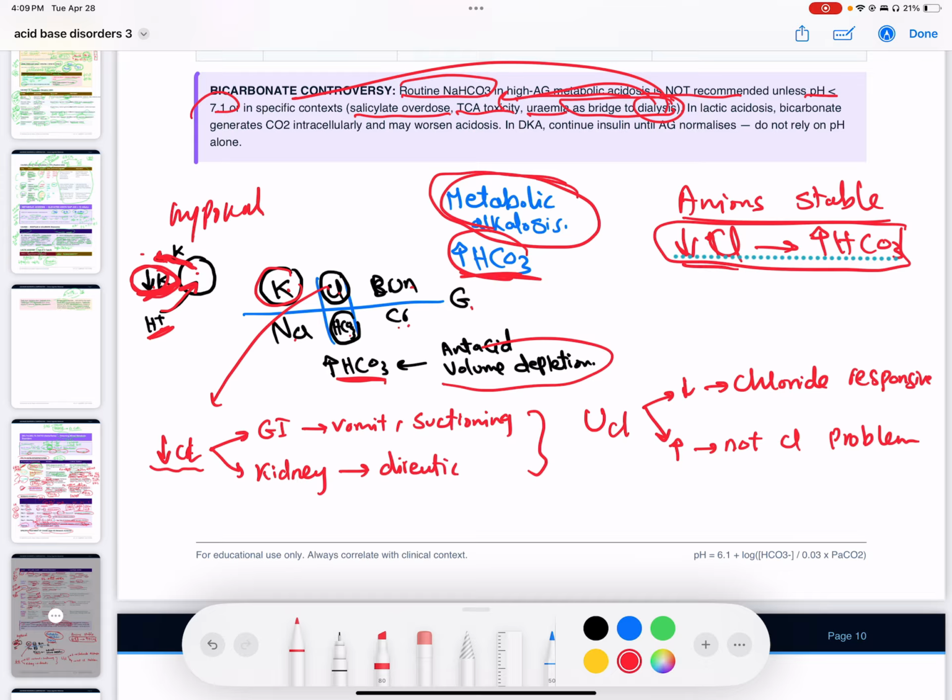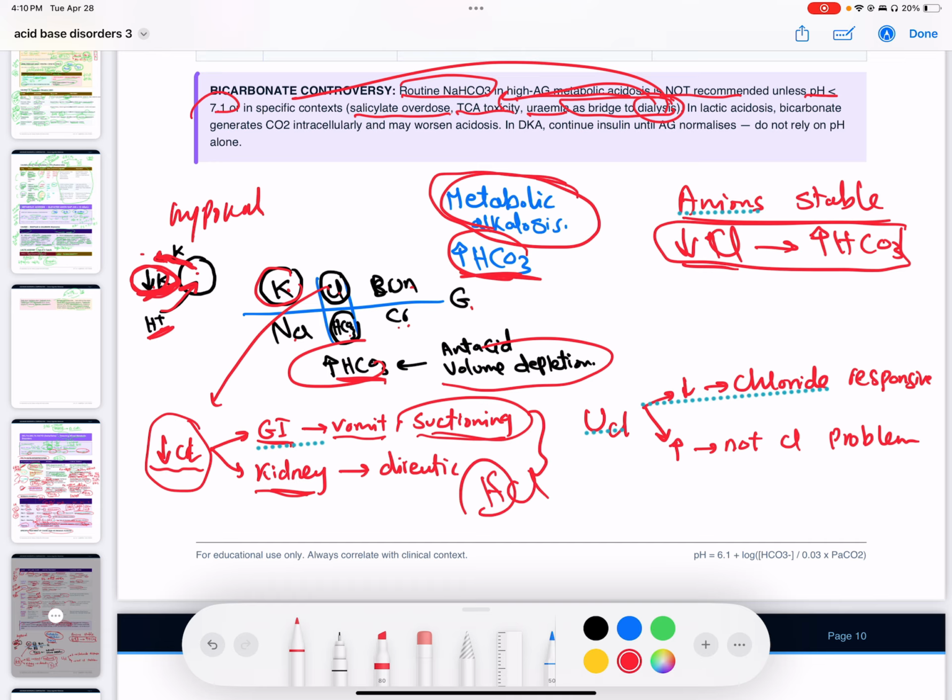So any pathology that decreases the chloride means the bicarb will increase to compensate. You can have chloride loss in the kidney or in the GI tract. GI, like vomiting, or someone with tube feeding where you're doing suctioning, because stomach acid has HCl, so you're losing acid and chloride as well.